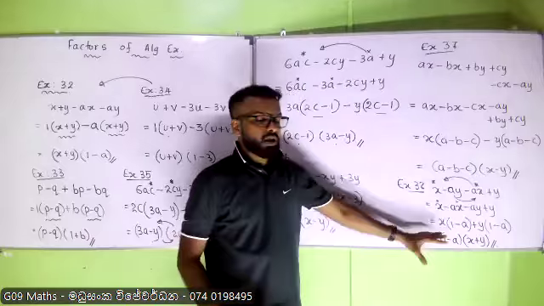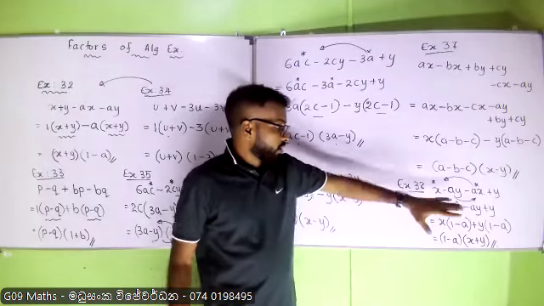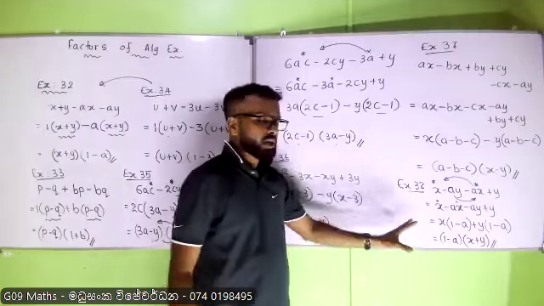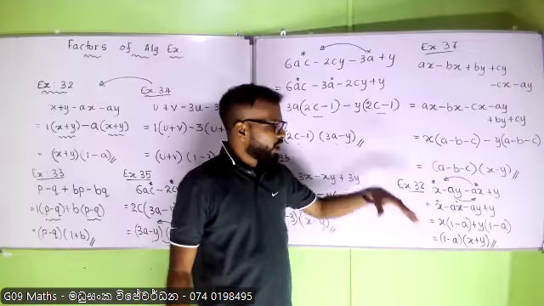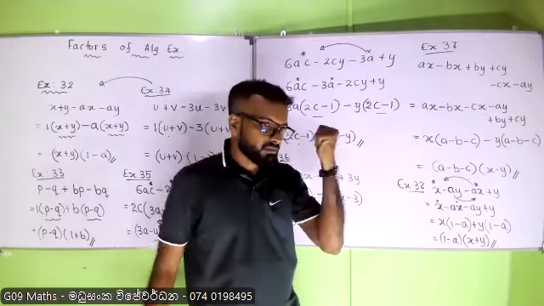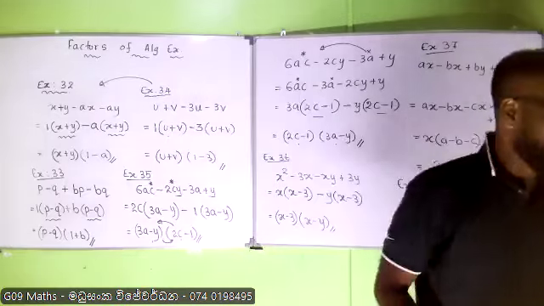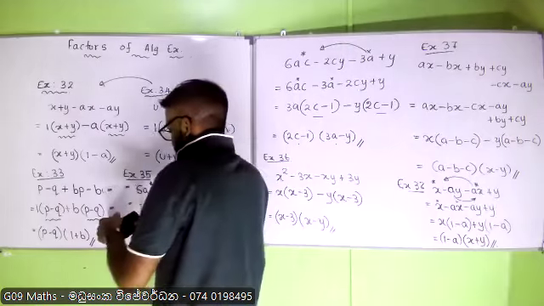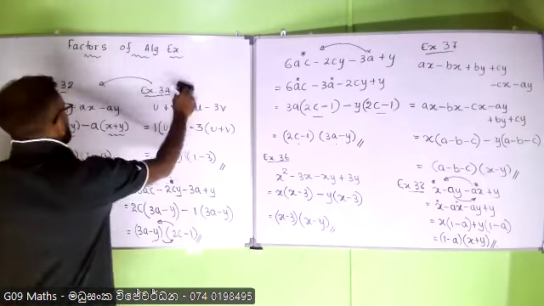You can reduce the number of steps and you can easily do this, and within a fraction of a second you can get the answer. Right? That is example number 38.